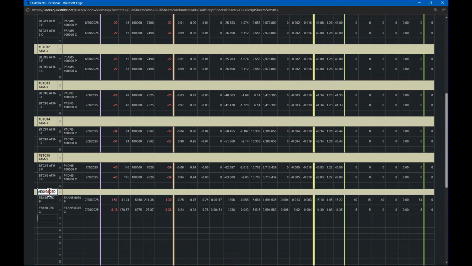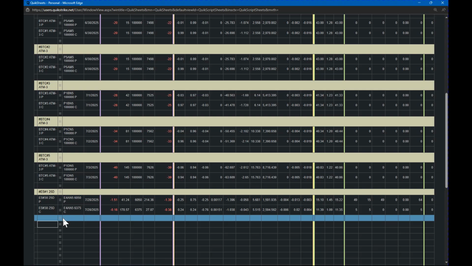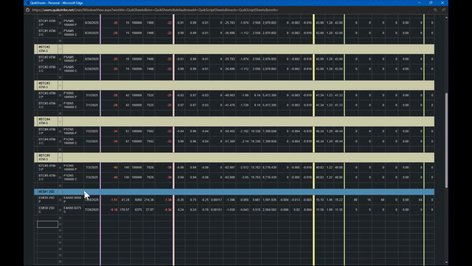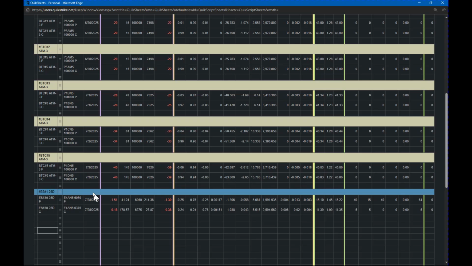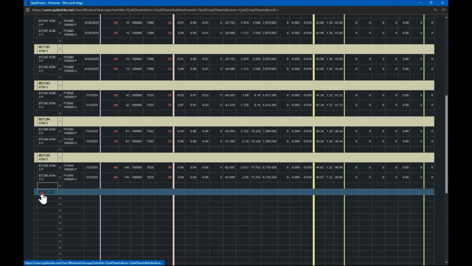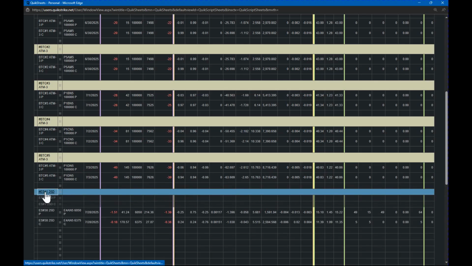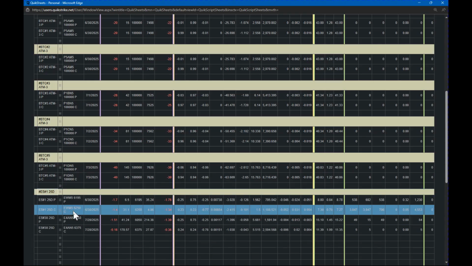We look for our 1 day. That's your risk reversal. Here we go. It's 62.50.